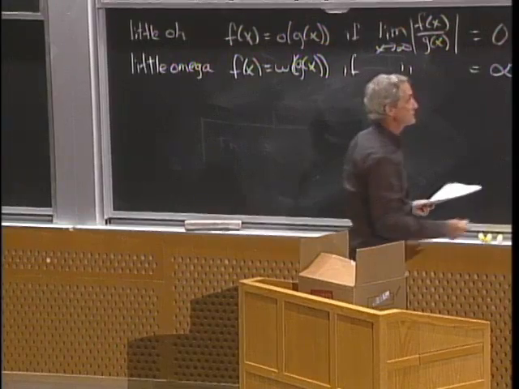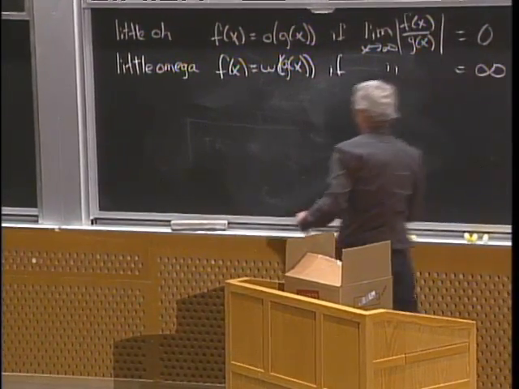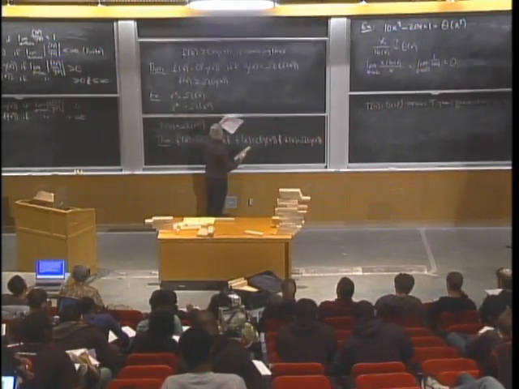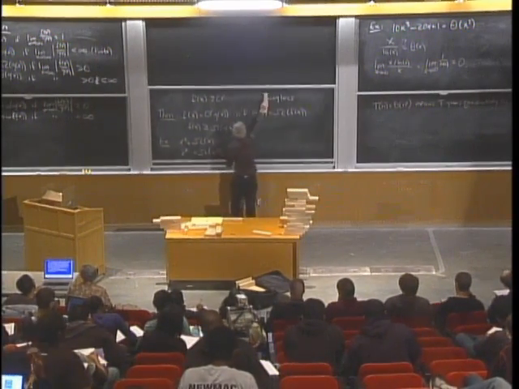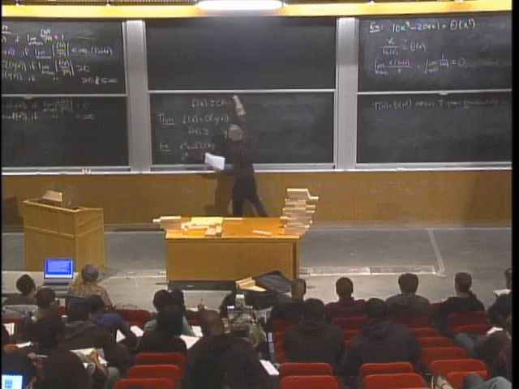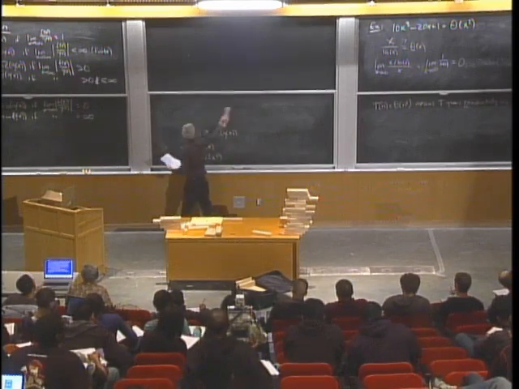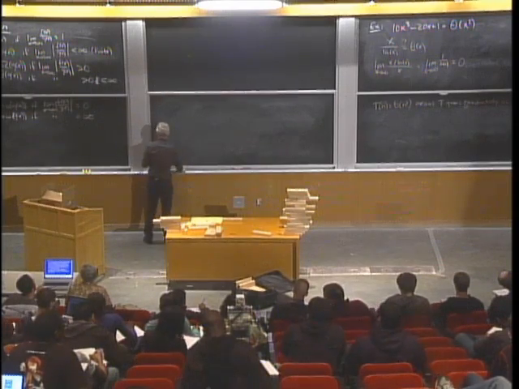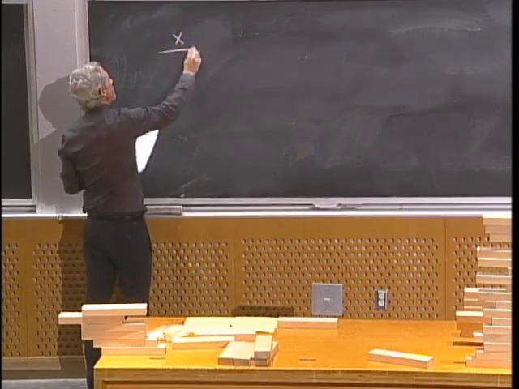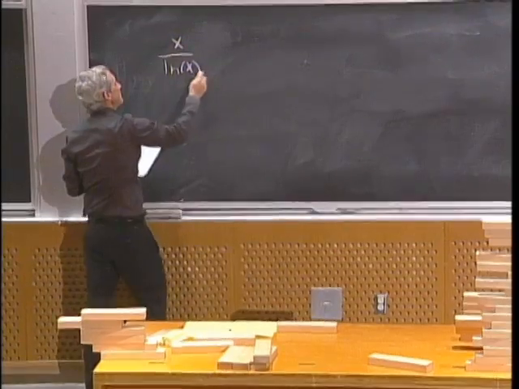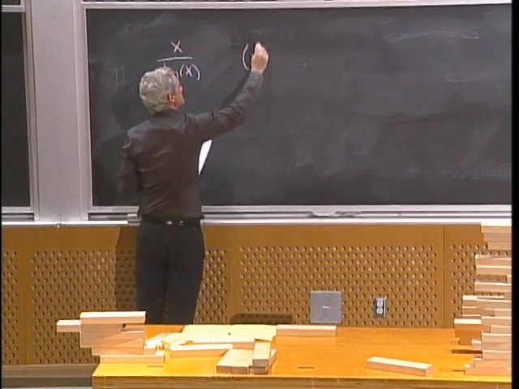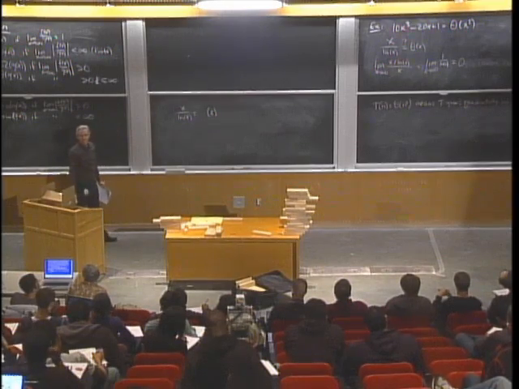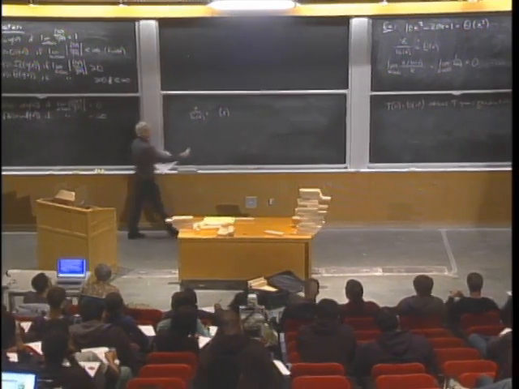All right, so we can do some simple examples. Then we're almost done with all this notation. What about this one? X over ln of x, we just looked at it, and x. What symbol's missing here?